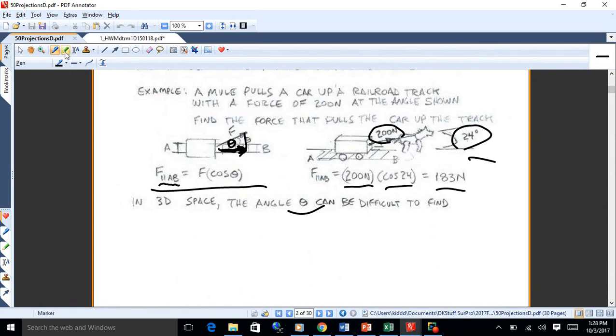In 2D, this is pretty straightforward: if you've got a force at an angle with a line, you just use the cosine of the angle times the force, and that will get you the amount of the force that acts on the given line. So that'd be F cosine theta.